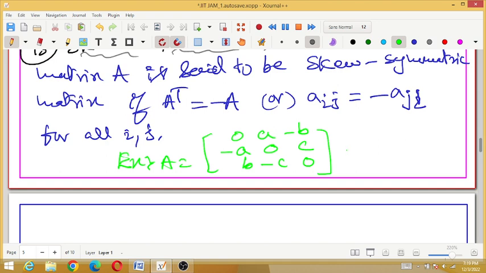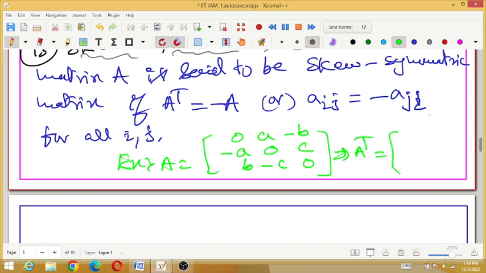This is A. If you take A transpose, the first row becomes the first column, that is 0, a, minus b. The second row becomes the second column, minus a, 0, minus c, and the third row becomes the third column, b, minus c, 0.